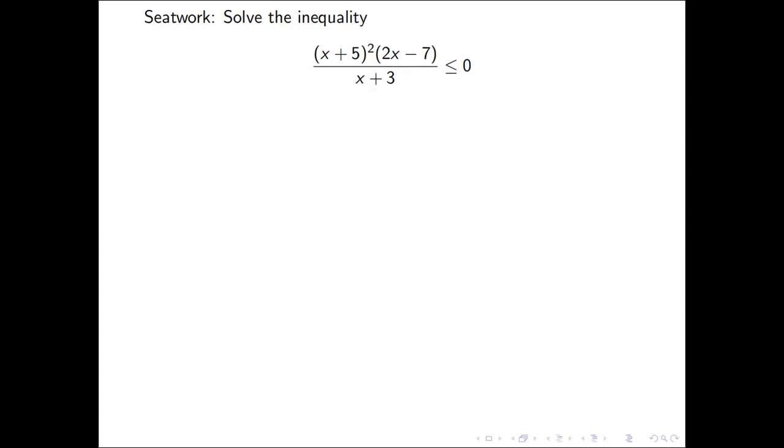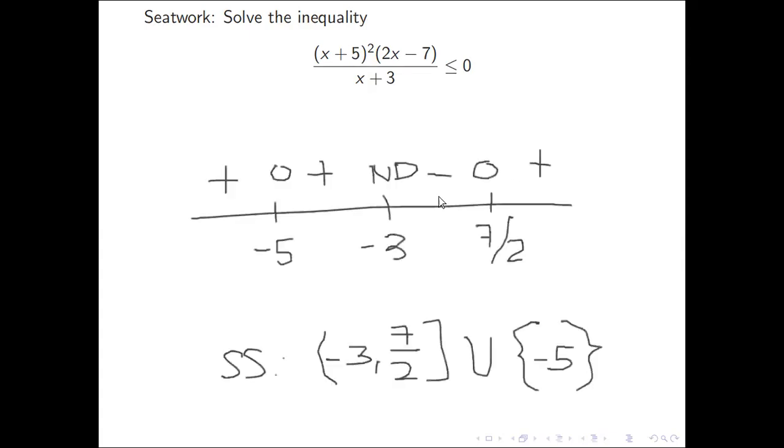Okay, there, that's correct, but your set notation is wrong. Okay, so I'll just show you the sign chart.